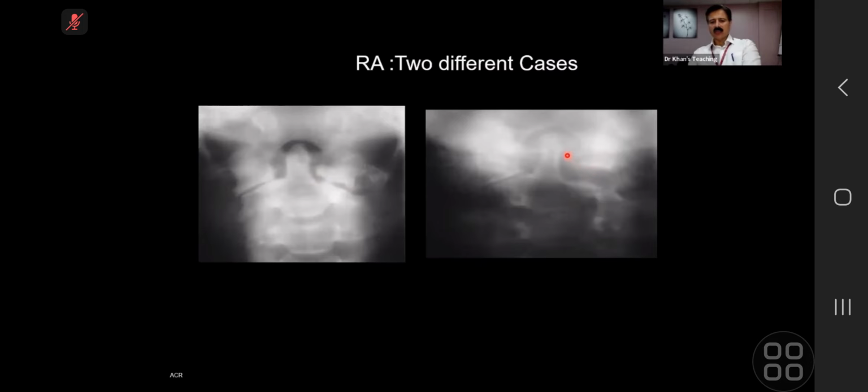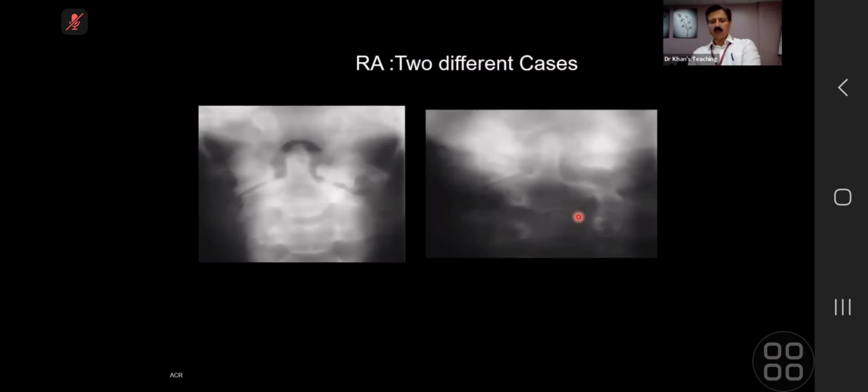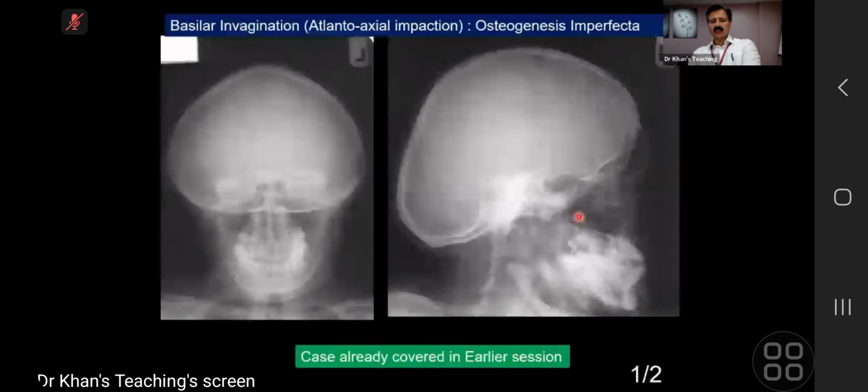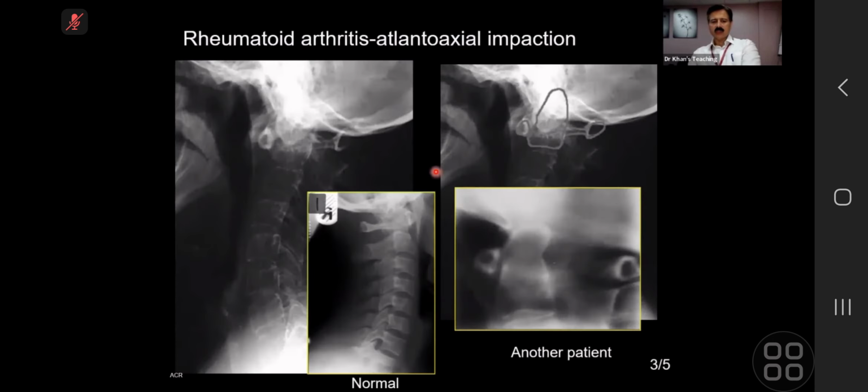Look at this, and then look at this dens, which has got erosions, and even here there is a bit of erosion. So what happens is that because of that, there is superior migration of the dens into the foramen magnum.